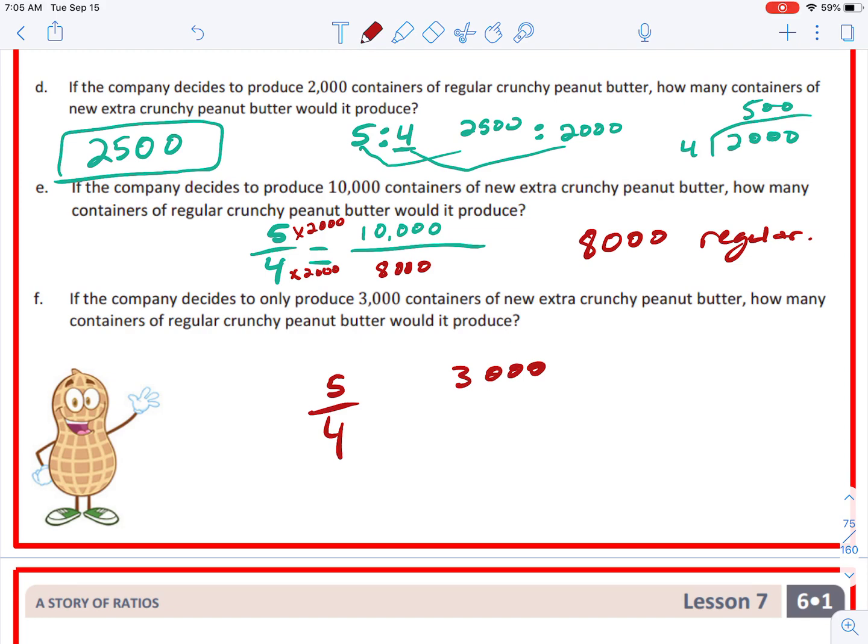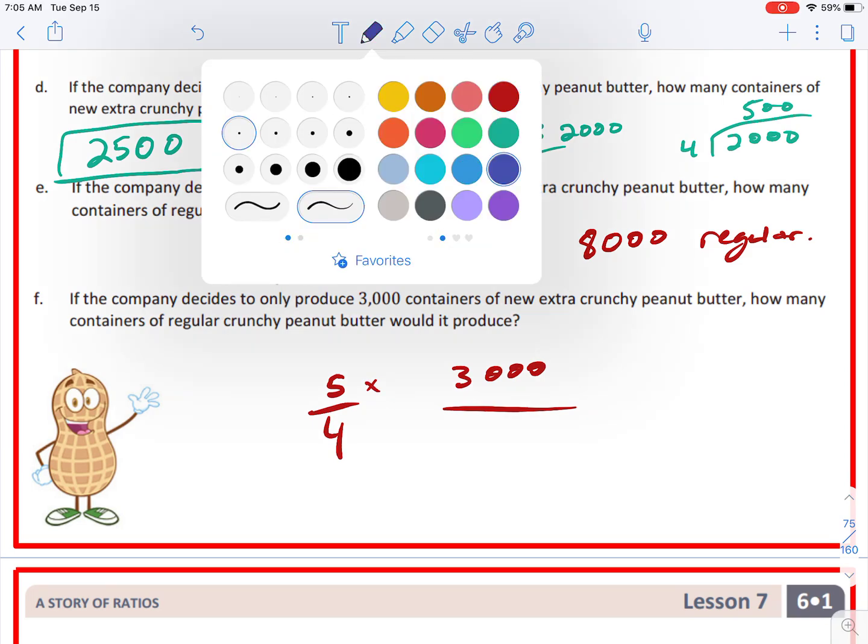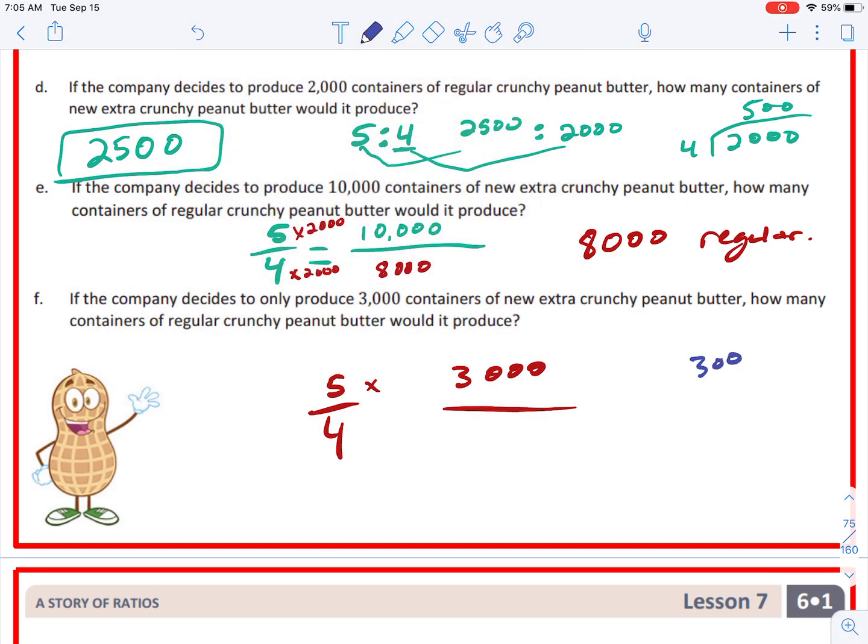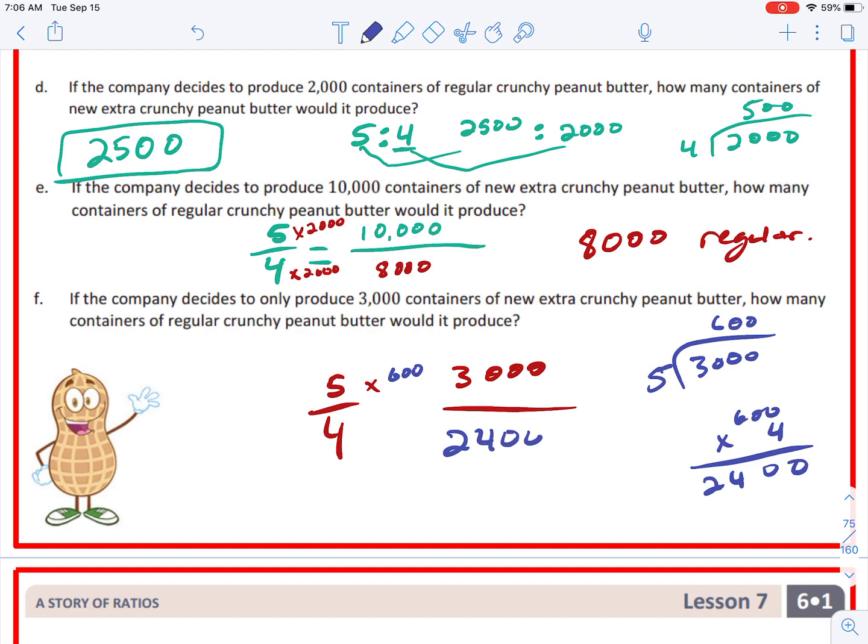What times 5 equals 3,000? Well, let's figure that out by dividing. 3,000 divided by 5 is 600. 600 times 5 is 3,000. So 600 times 4 would be 2,400. So 2,400 would be our answer.